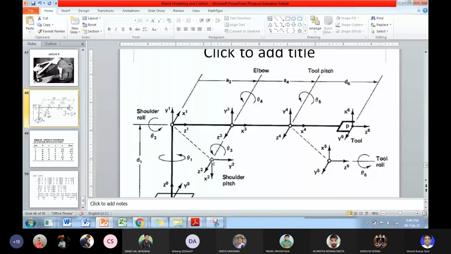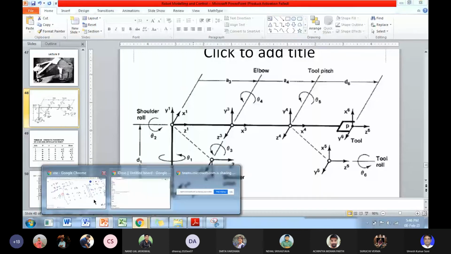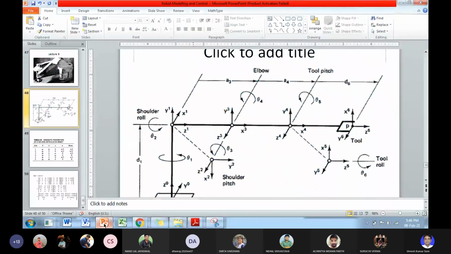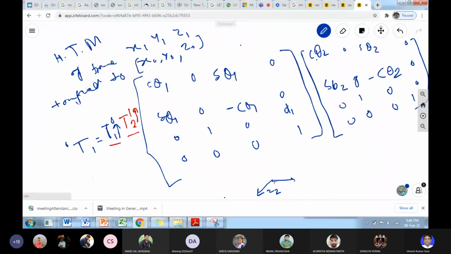तो जब भी ये थीटा एंगल से रोटेट होगा, ओके, रोटेशन थीटा 3 से रोटेशन होगा. यहाँ पे आप देखिए कि ये है Z2 and you see here Y2 and X2, ये है Y2.